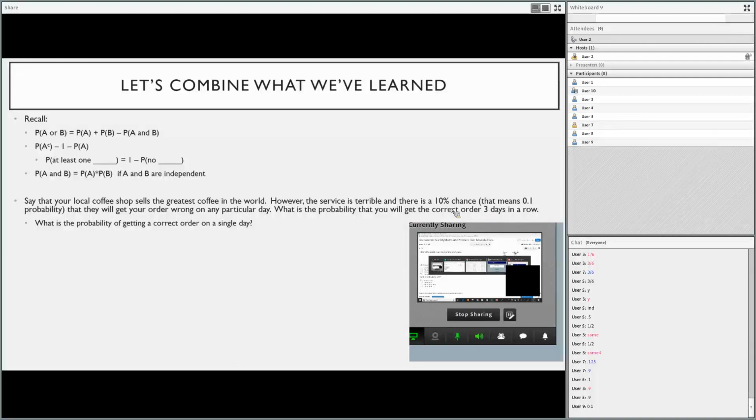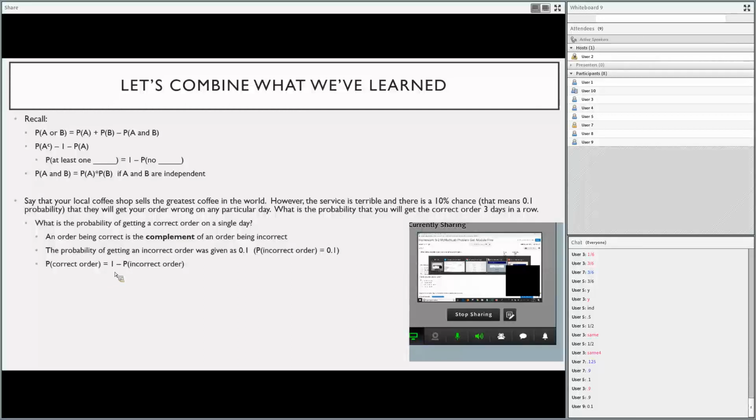Now, again, I was kind of trying to trick you a little bit just to make a point. So you really have to pay very close attention to the wording. So here I said that there's a 0.1 probability that they will get your order wrong, right? And then here I said, what's the probability of getting the order correct? So those are different complement events. Does that make sense? An order being correct is the complement of an order being incorrect.